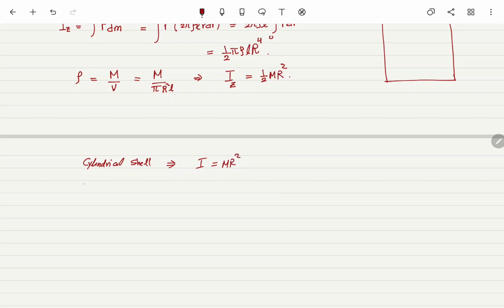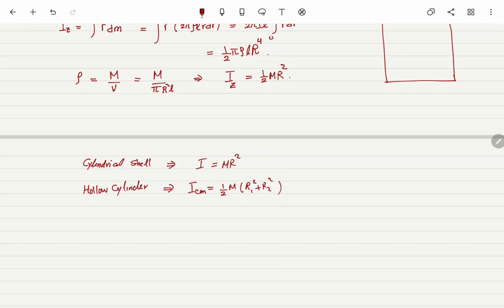Now for a hollow cylinder, the moment of inertia about its center is equal to half m (r1 square plus r2 square), where r1 is the inner radius of the hollow cylinder and r2 is the outer radius.